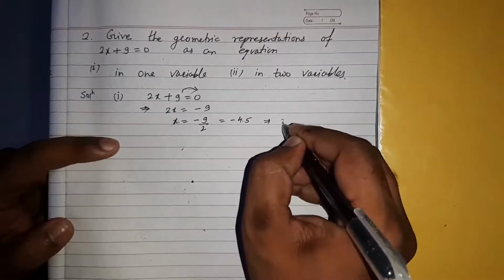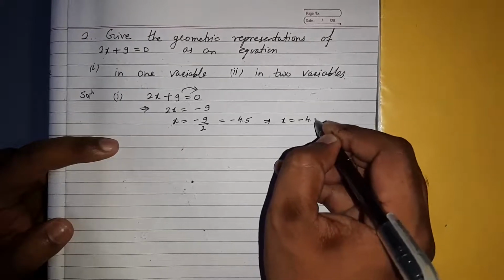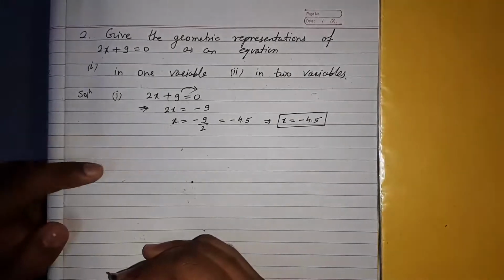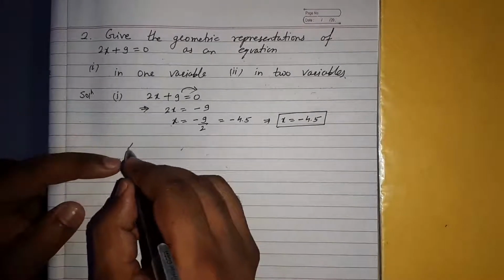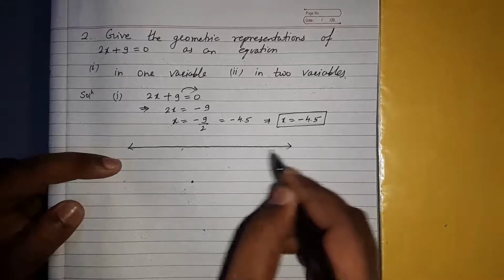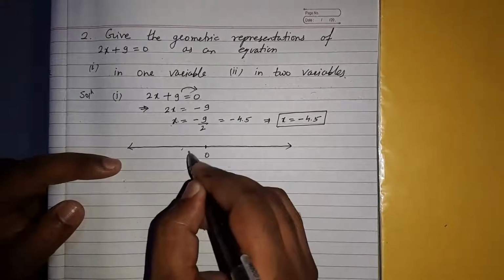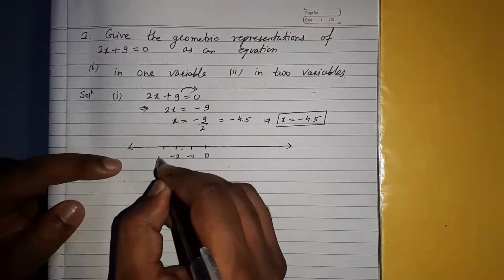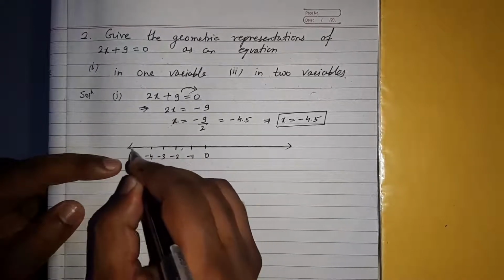Now we have to represent minus 4.5 on the number line. This is a number line. At the middle is 0, the origin. Negative numbers on the left side: minus 1, minus 2, minus 3, minus 4, minus 5.